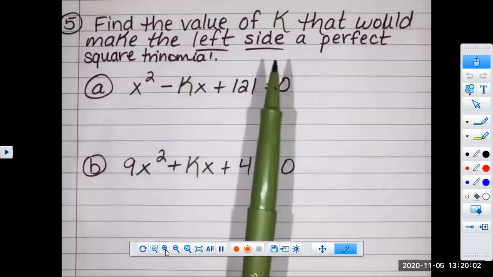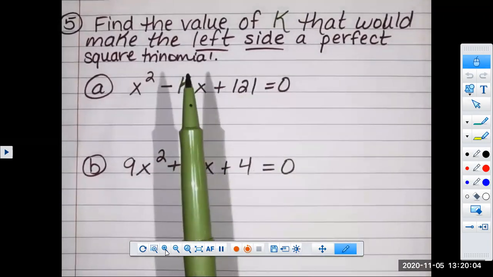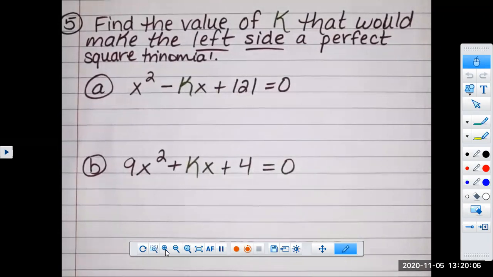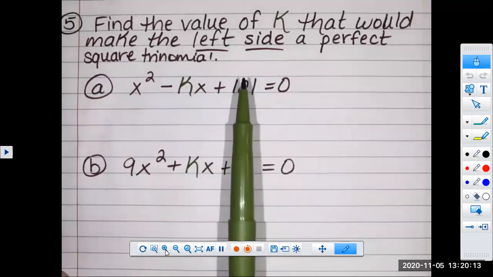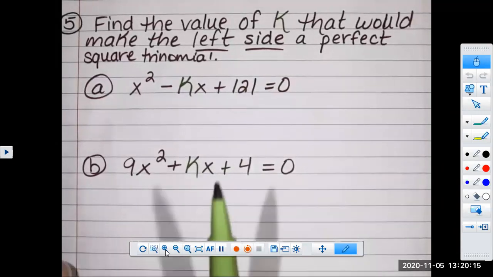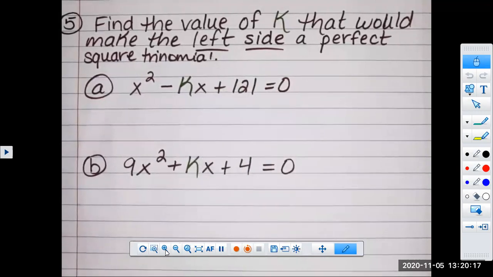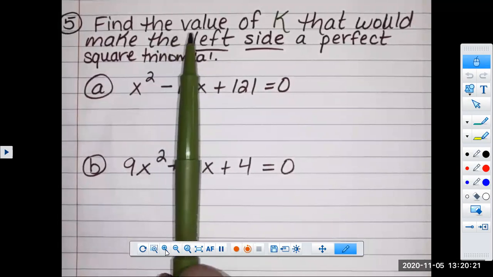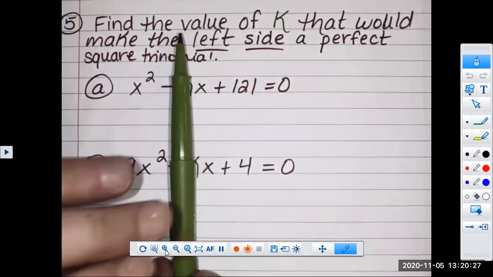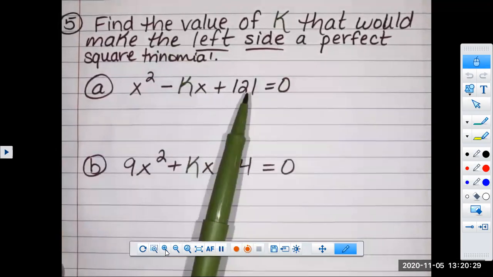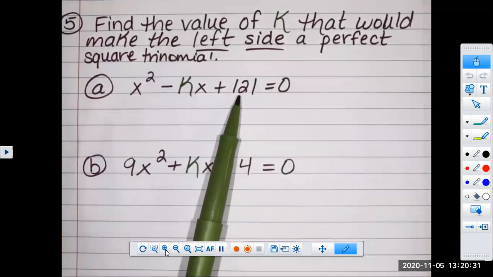Find the value of K that would make the left side a perfect square trinomial. So I want you guys to figure out, how have we been getting this last number? We've done what with that middle? Good, we cut it in half and then squared it. So if I work backwards, what's the square root of this? 11.